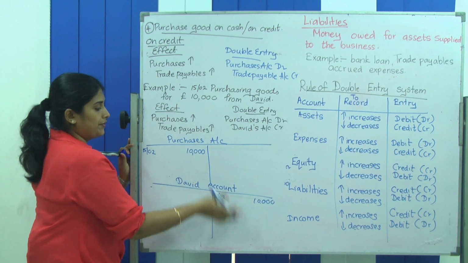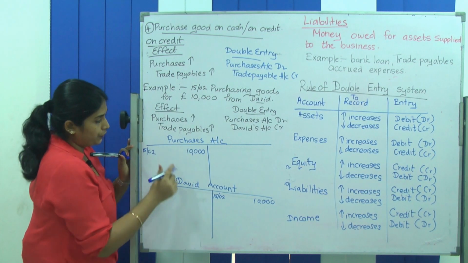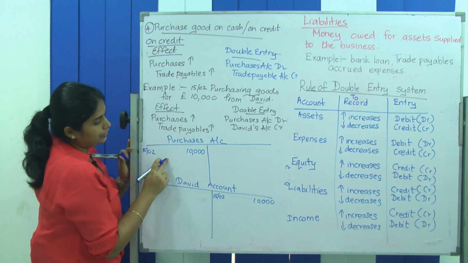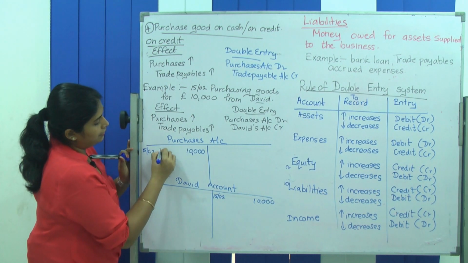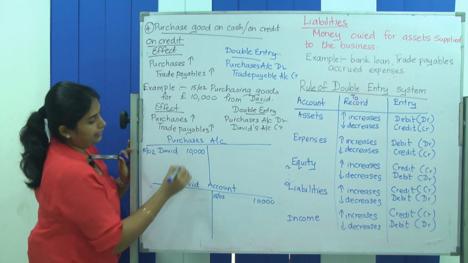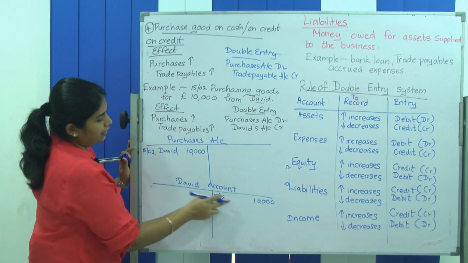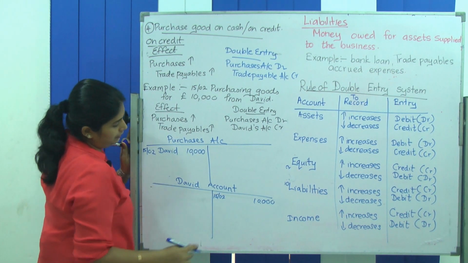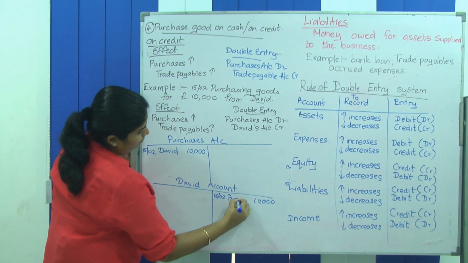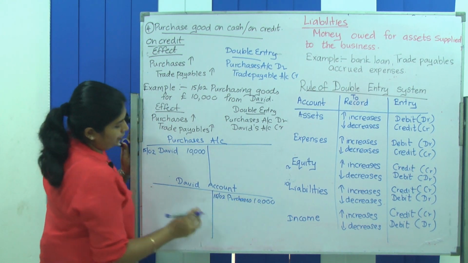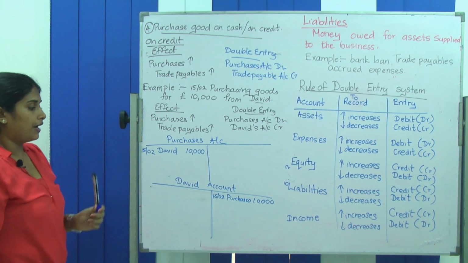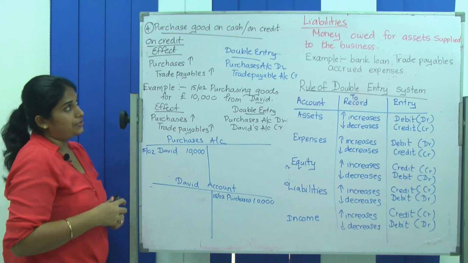Now what you have to do is exchange the names to write in the details. So purchases has the debit entry, and the credit entry is in David's account, so the detail will be David. In David's account, the credit entry is there, and the debit entry is in the purchases account, so on David's credit side, you will write purchases as the details.